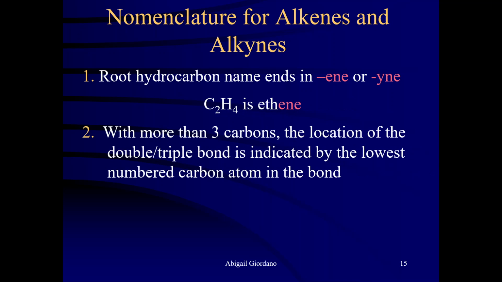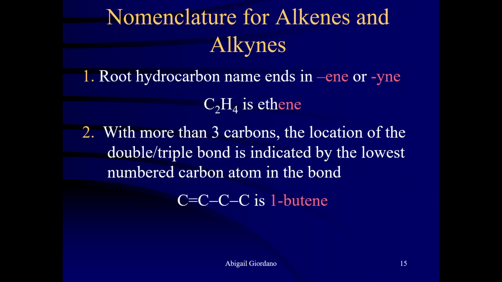Okay, and if you're wondering, how do I know if I need to indicate a number in the name to tell me where the double or triple bond is located? That is only necessary if your carbon chain has more than 3 carbons, so 4 or greater. You need to put a number in the name indicating where that multiple bond is.